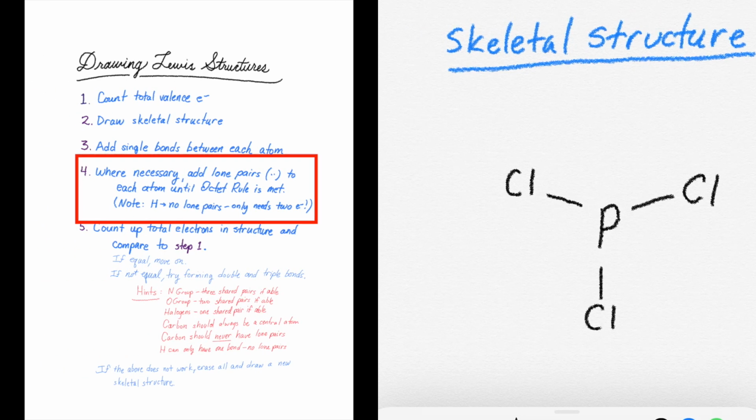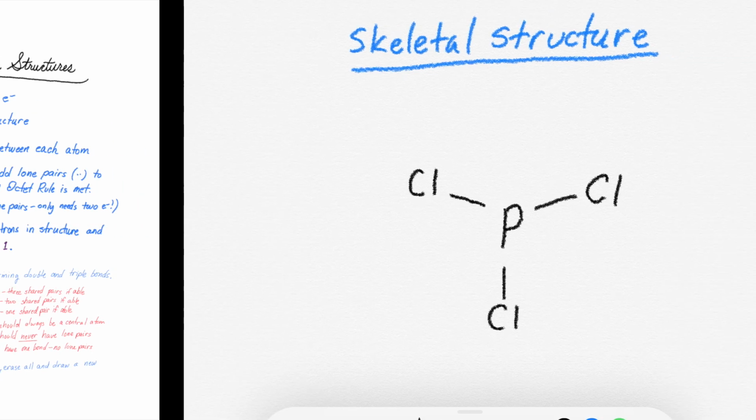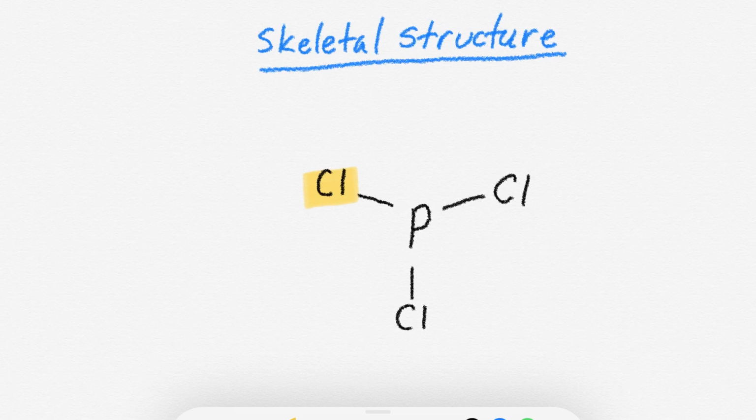The next step is we're going to start adding lone pairs until every atom has met the octet rule. Notice that this chlorine here has 1 shared pair of electrons. That counts for 2 electrons. So then I need an additional 6 electrons, which means 3 lone pairs or 3 unshared pairs.